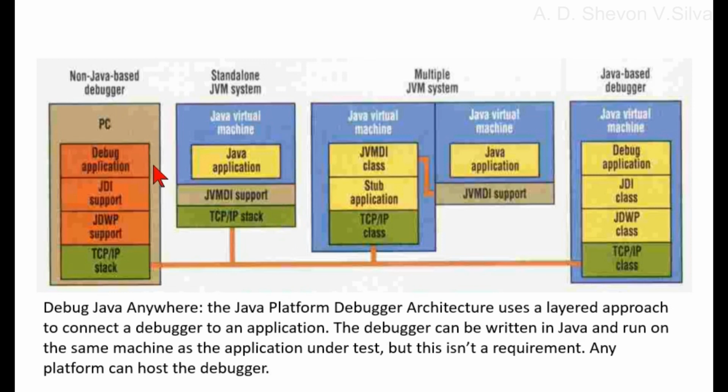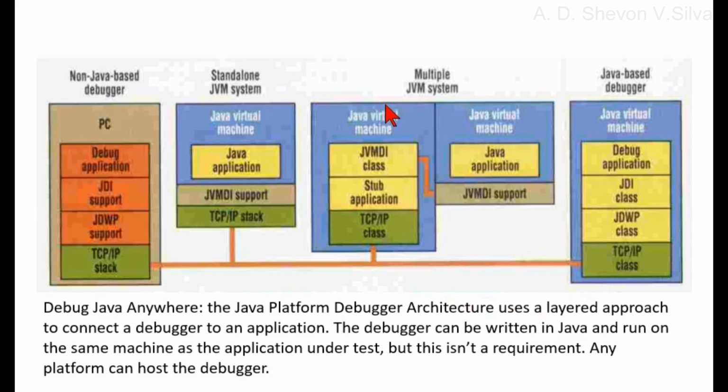The Java application is inside the Java virtual machine, which interacts with JVMDI support, and JVMDI support interacts with the TCP/IP stack. The TCP/IP stack interacts with the TCP/IP stack in the non-Java based debugger, the TCP/IP class in the multiple JVM system, and the TCP/IP class in the Java based debugger.